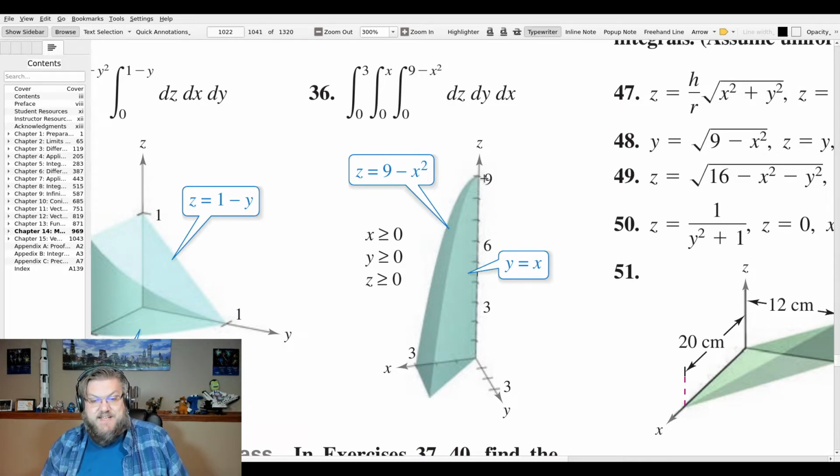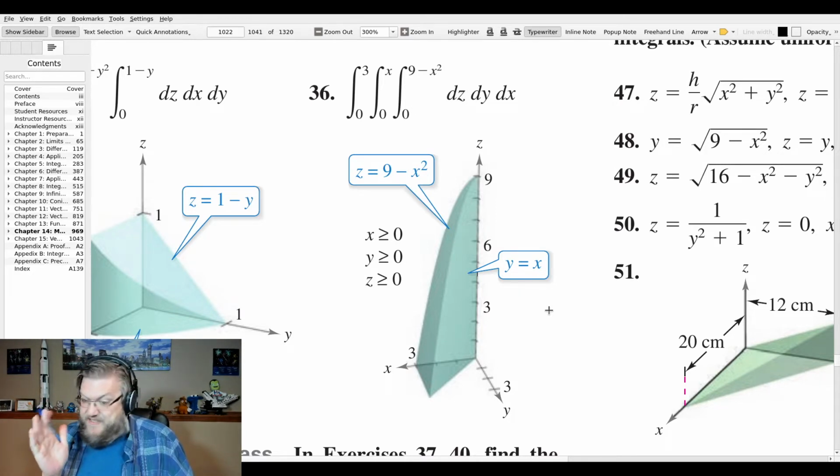And so to get that intersection would be this surface intersecting with this surface. In other words, this would just be z equals 9 minus y squared. And that would be what this looks like in the yz plane if I was to project that. Remember, projection's like a shadow. It doesn't actually have to be there.